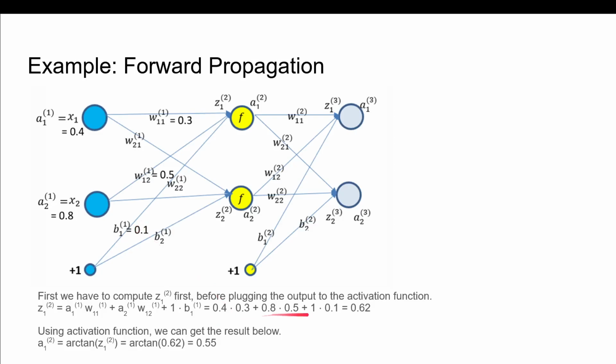You get 0.62, and then you simply plug the result of Z12 into the arctan activation function, and you get 0.55.